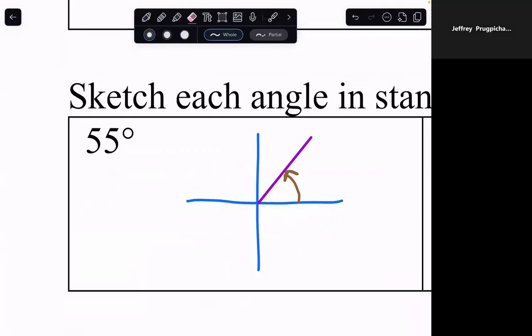But if you just did this, that would not be correct because I don't know that you know that it was this way. You might think it was this way, right? So you have to show me you understand it starts at the positive x-axis. Okay, and you do that by drawing the arrow this way.